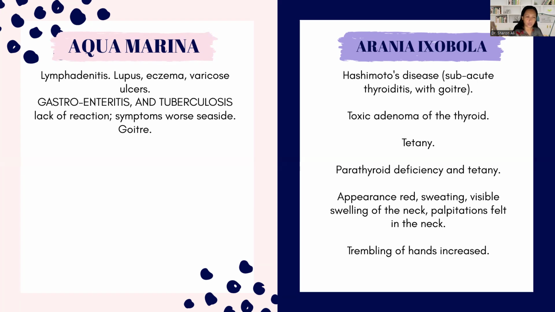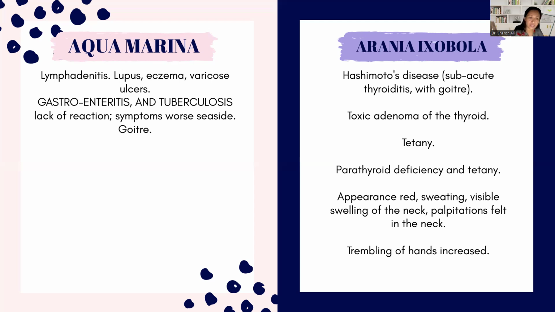One thing about aqua marina patients, I've learned it beautifully. It was very well taught to me, but aqua marina is seawater. So it is something which has almost all the salts. It has your phosphorus, iodine, oxygen, nitrogen. It has the salts, it has iodine. So it has a lot of these different salts which are there already in the water. And that's why it is a very deep acting remedy.